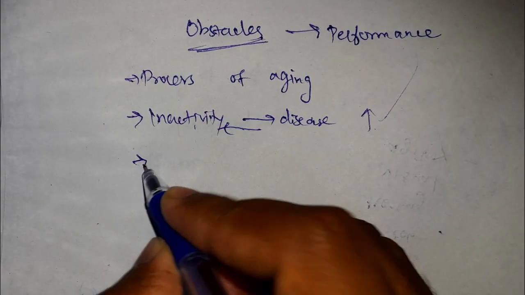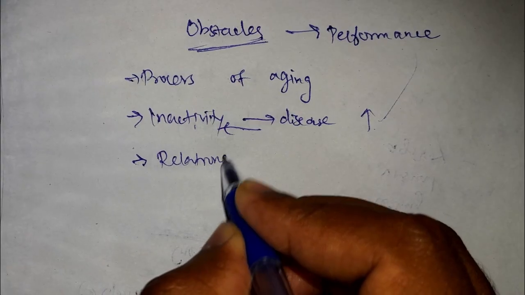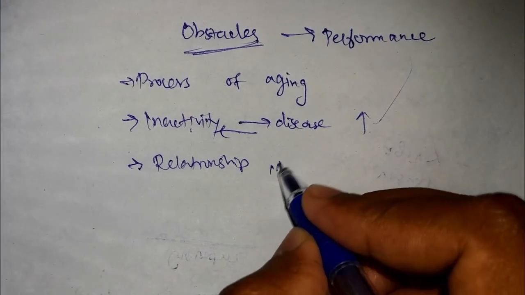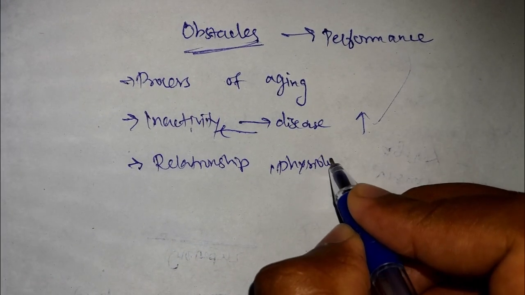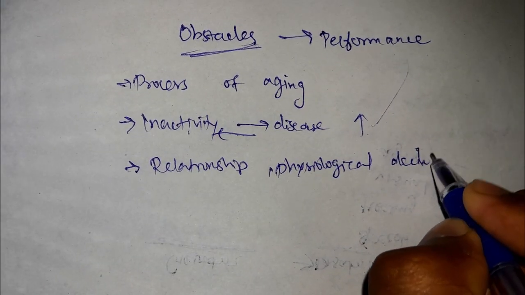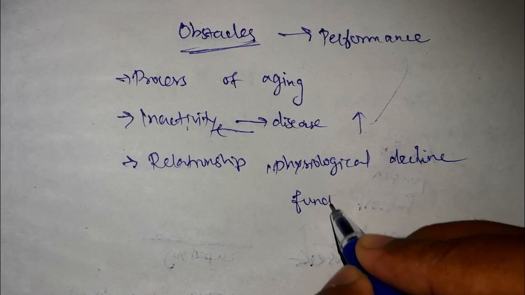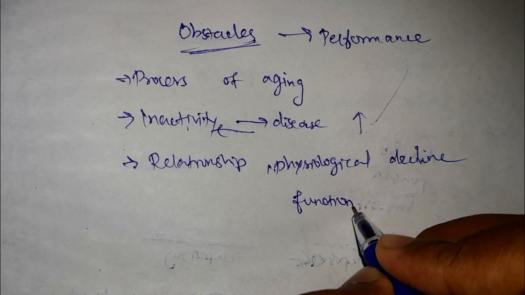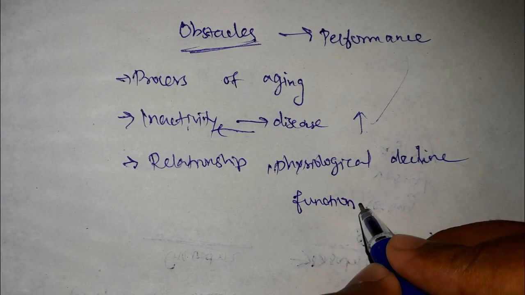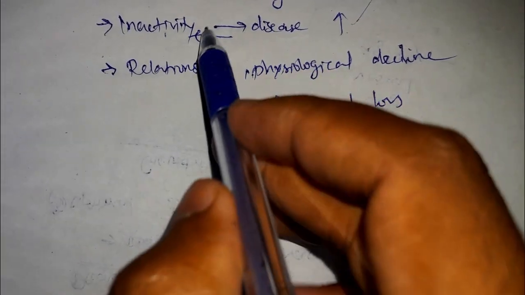Then challenges in relationships, or any physiological decline or functional loss. These are all combined and affect performing activities. So we can conclude there is inactivity.